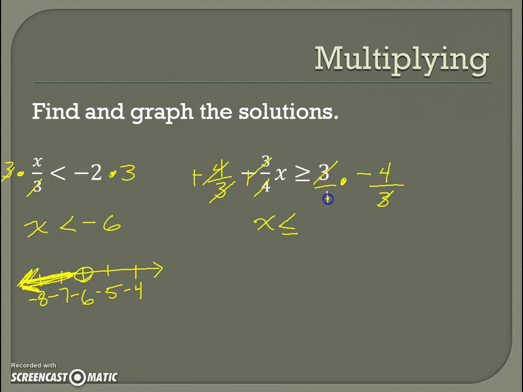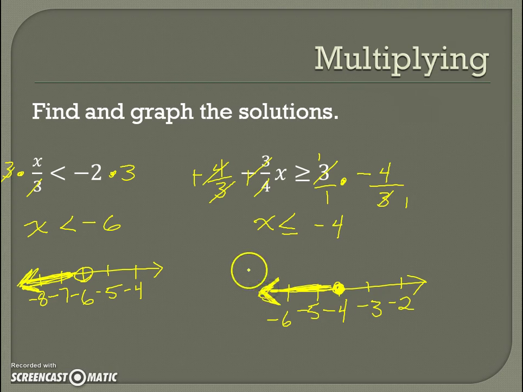My 3's would cancel. x is less than or equal to negative 4. And when I graph that, it's going to look something like that. So I have negative 4, negative 3, negative 2, negative 5, negative 6. It is a closed circle because of the underline there, and it's going in this direction.